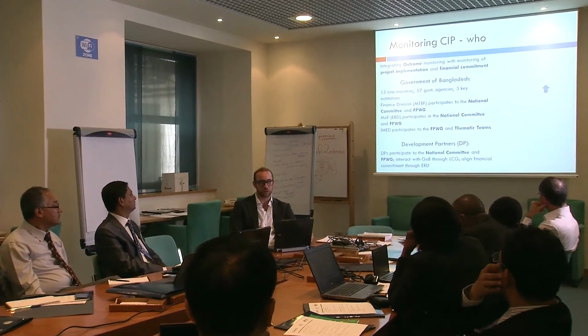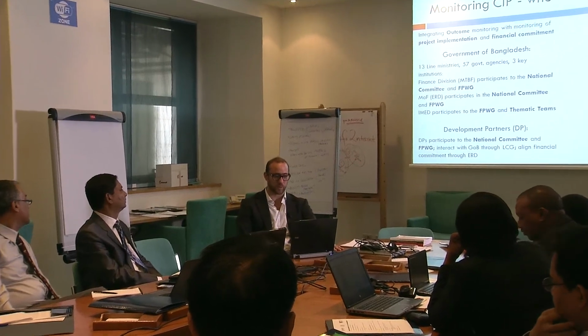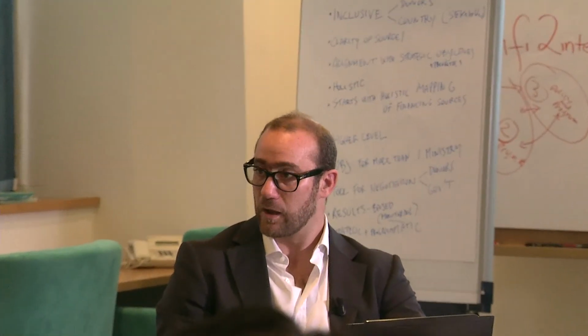The finance division, and also in our discussion with Tanzania, the Ministry of Finance, for the responsibility they have in budget, in allocating budget, and also the monitoring and evaluation division, which is also part of the Ministry of Planning.